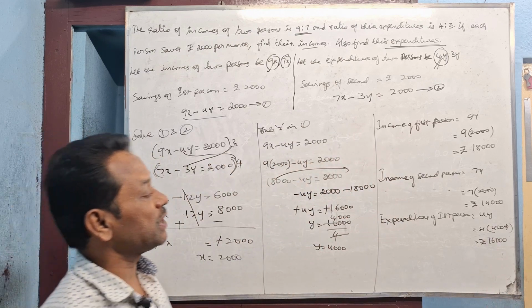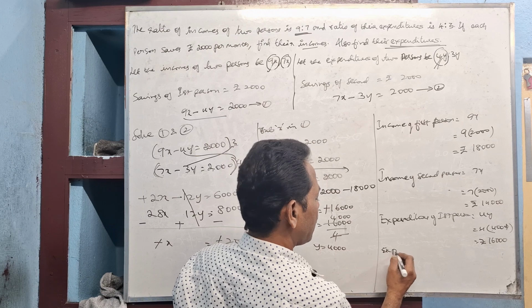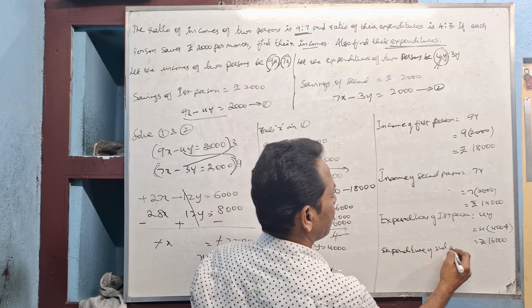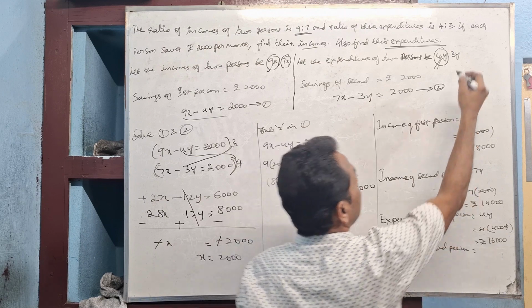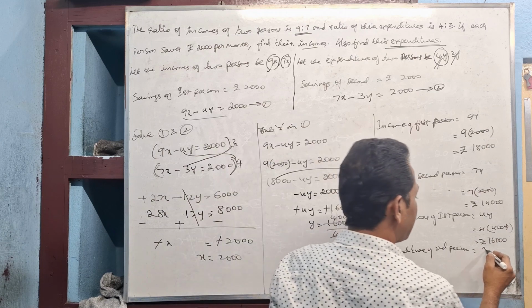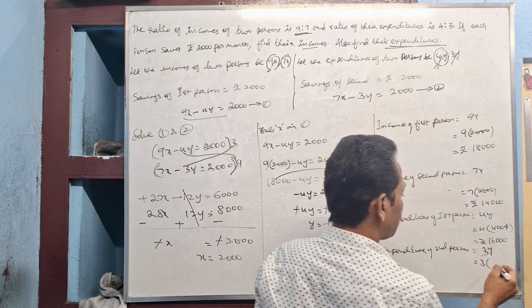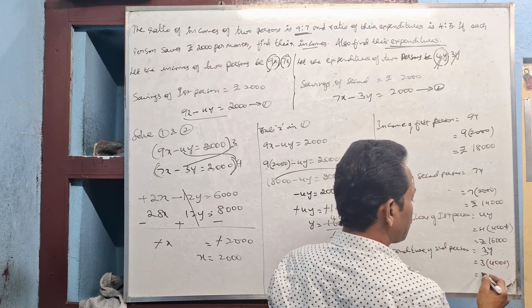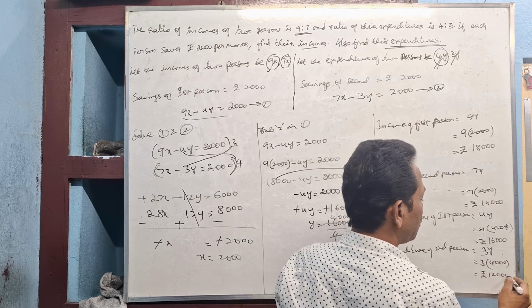Now to find the expenditure of the second person, 3y gives you the expenditure of the second person. So 3 into the value of y, 4,000, is 12,000.